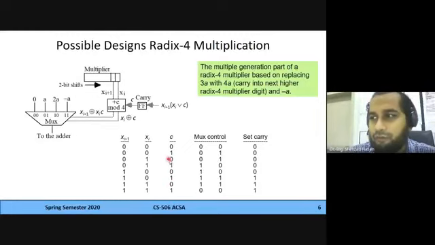So for example, let's go for the 4 combinations where the C value is zero. We have 2 bits, 0 0, coming from the multiplier, and the C bit is 0, so no correction is required. This means if 0 0, then 0 should be passed on, so the inputs to this multiplexer should be 0 0. That's simple, and no correction would be required in the next step as well.